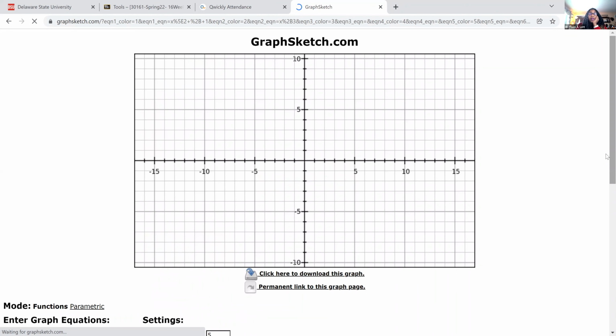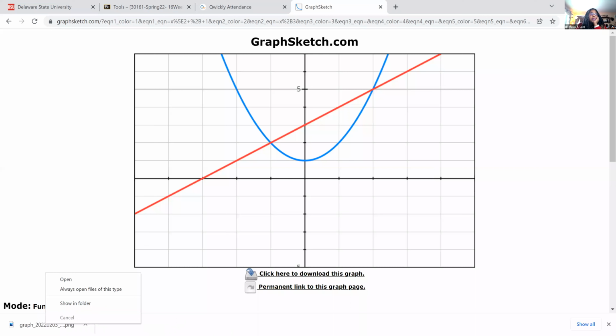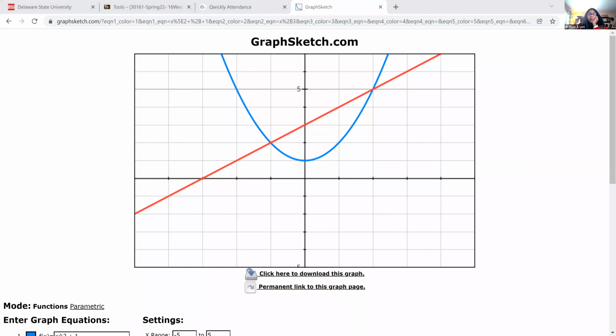I would have done it faster plotting this myself, but I thought this would be cool. Okay, there we go. Click here to download this graph. I can copy it and stick it right into my problem. There we go. How cool is that, guys?